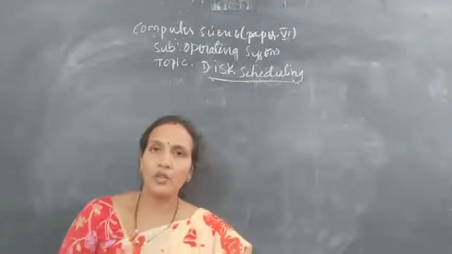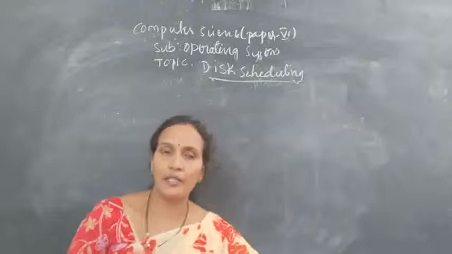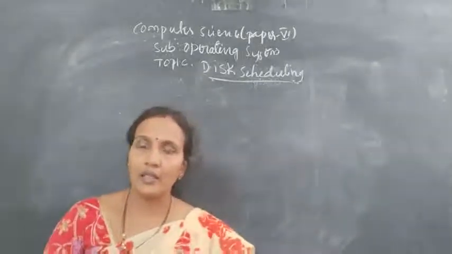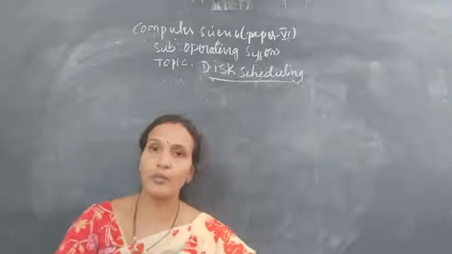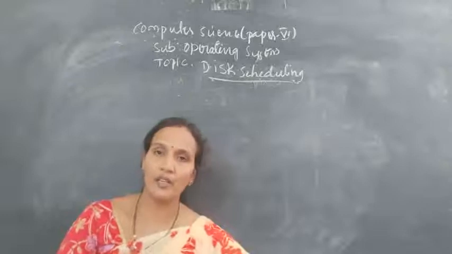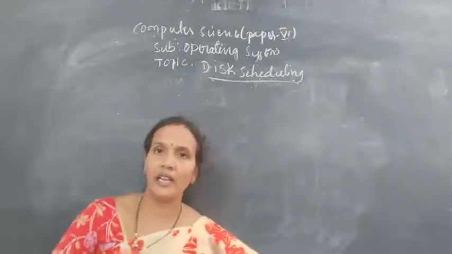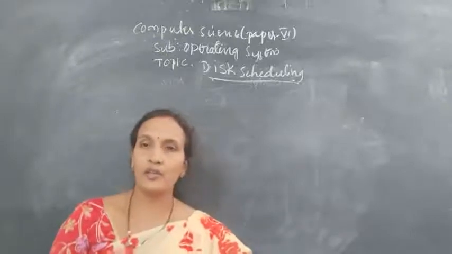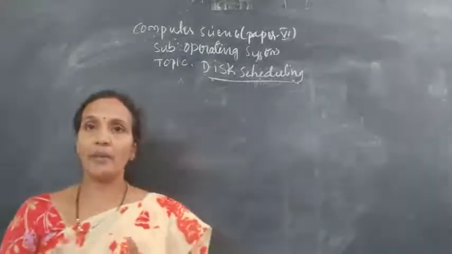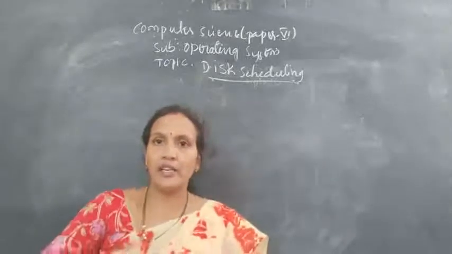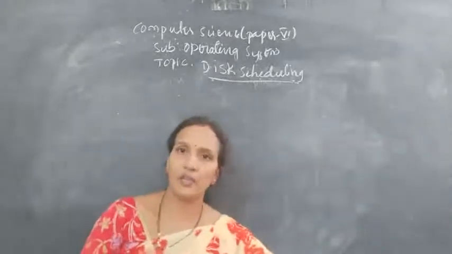Whenever a user makes a request, the read and write head movement should be less, meaning unnecessary movement should be decreased. It will increase the performance of the hard disk. When more than one user is requesting, there should be a mechanism which can handle the requests and increase the efficiency of your hard disk.